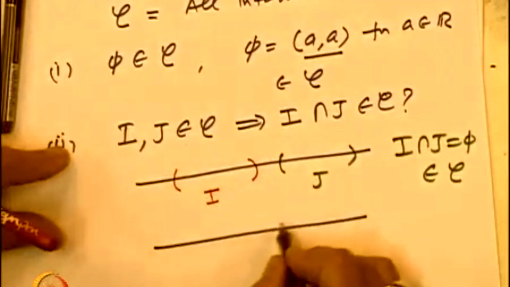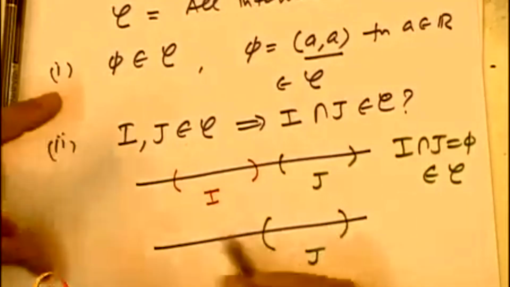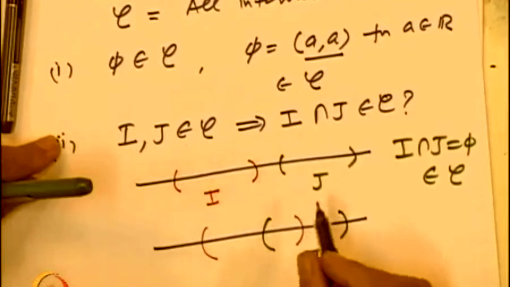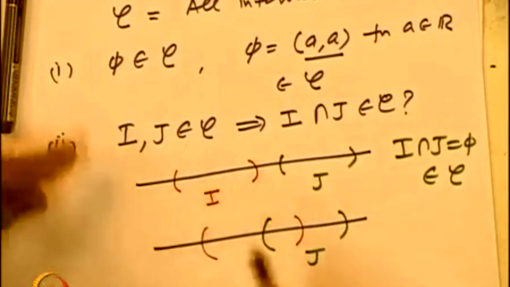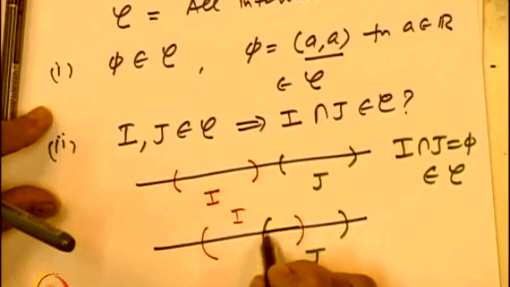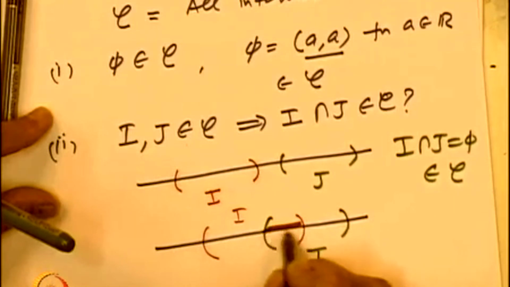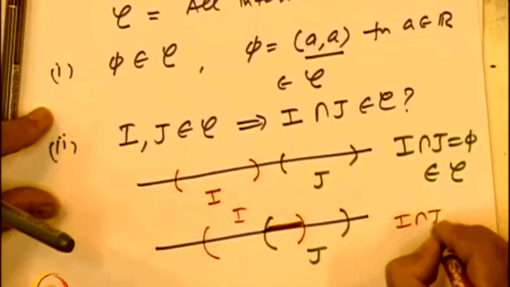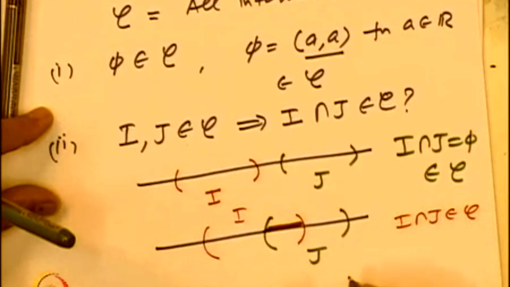So here is my interval J and here is my interval I. Then what is the intersection of these two? So this is I and that is J, so that is my intersection of I and J, and clearly I intersection J is also an interval, so it belongs.